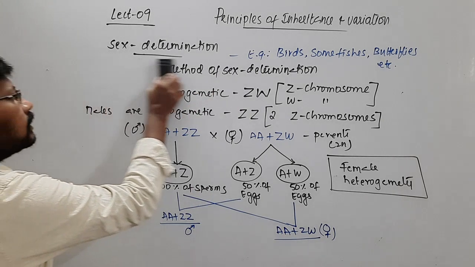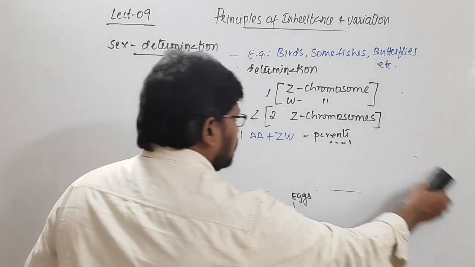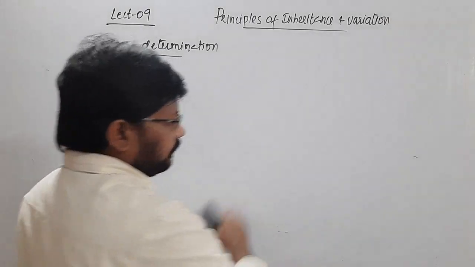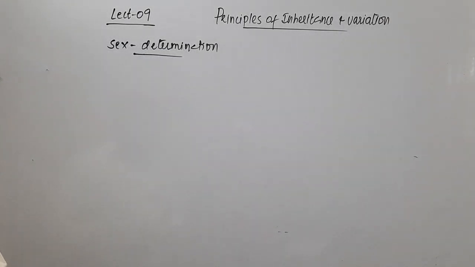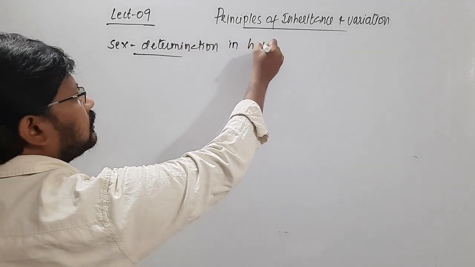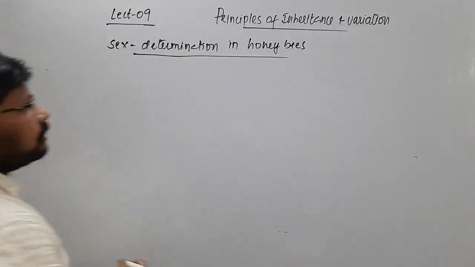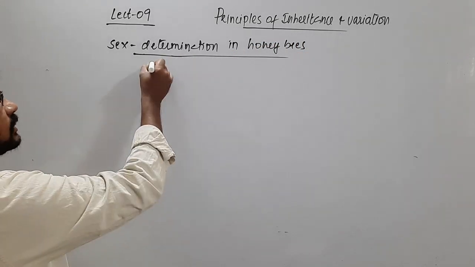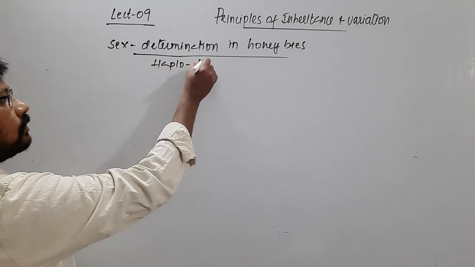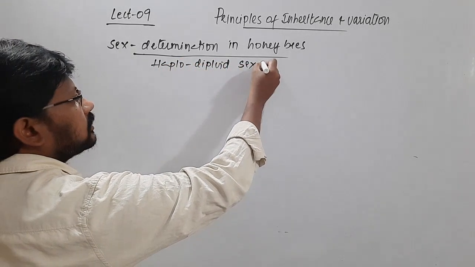Now we will see another method of sex determination, in honeybees. Here in honeybees, this sex determination is also called haplodiploid sex determination.